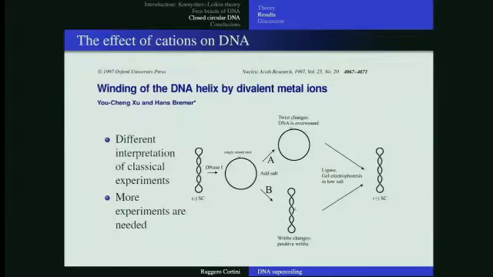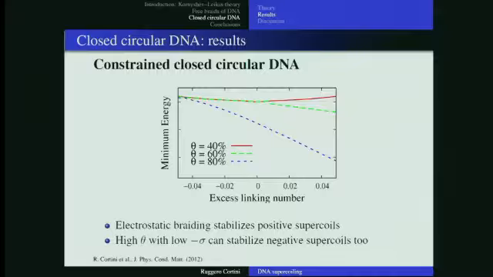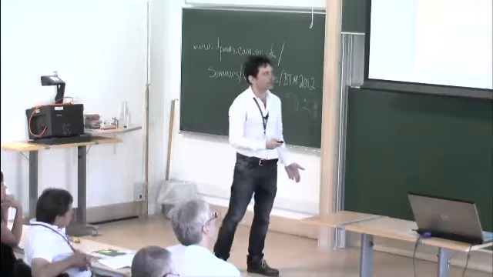So this is about nicking, but also in the more complicated case of constrained closed circular DNA, the theory has some striking results. At low values of theta, the minimum energy as a function of excess linking number is the well-known parabolic shape, which tells you that you have to invest energy to add excess linking number.